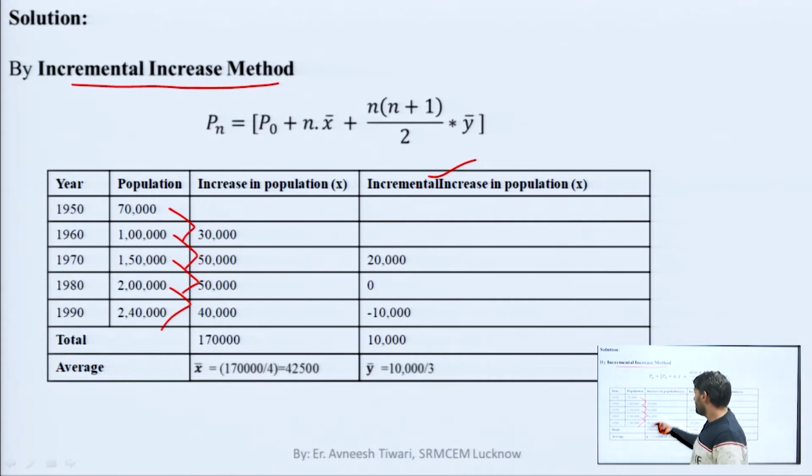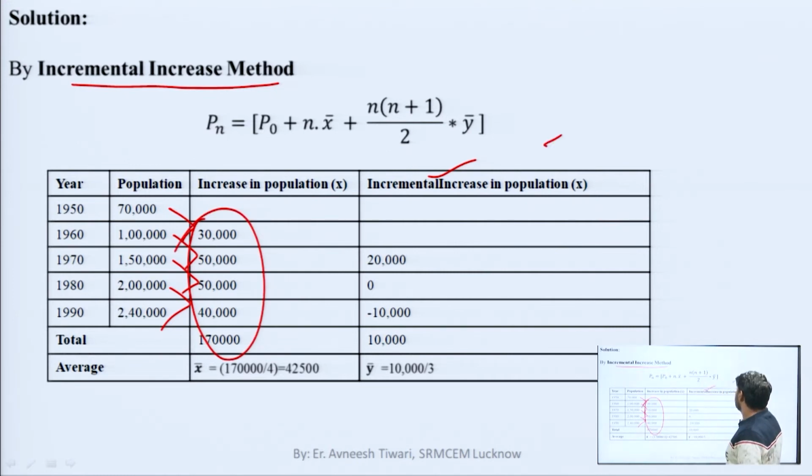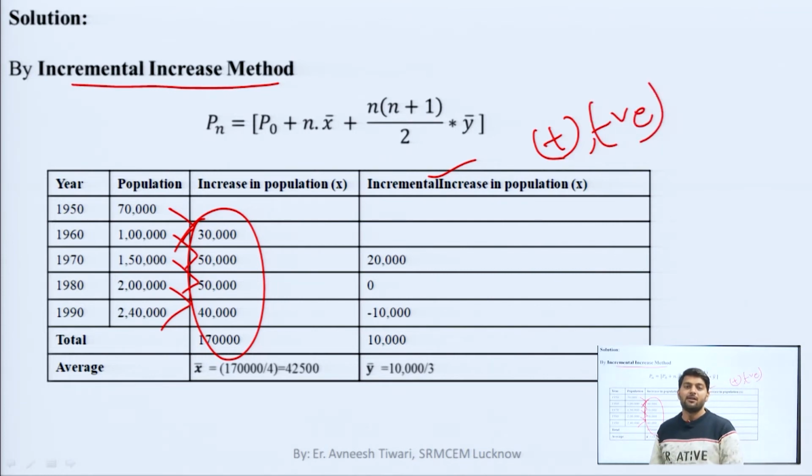Means, what is the increase in population? That increase can be positive or negative. Positive represents growth, negative represents that there is a decrease in population. So we are going to calculate further increase in the previously calculated increase in population.